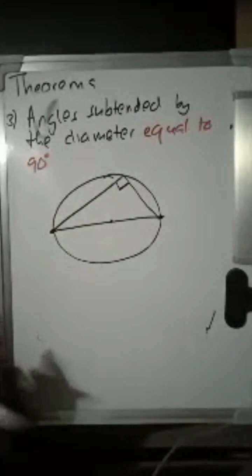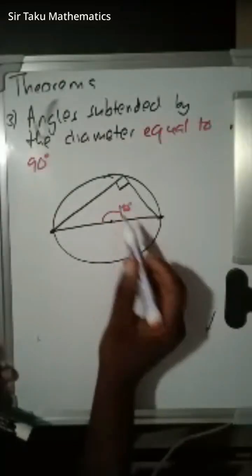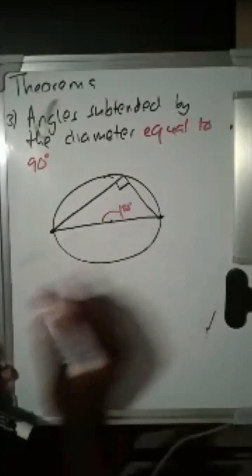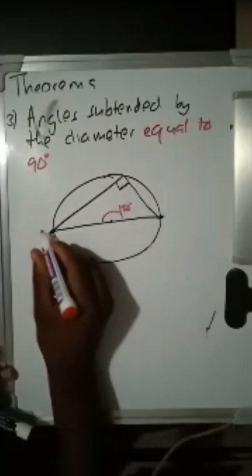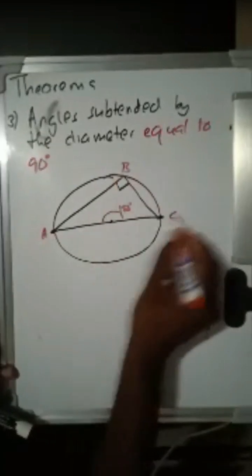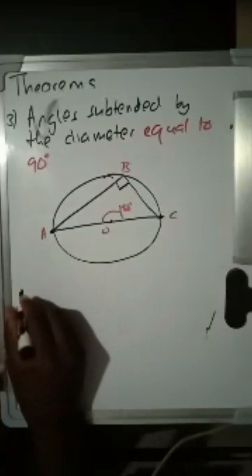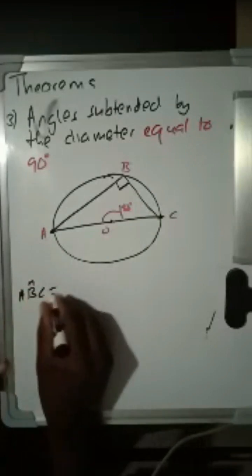Because at the center there, this one is 180, so it is half of 180, which is 90 degrees. So that is A, B, C, and this one is O. AOC is 180, therefore ABC is 90 degrees.